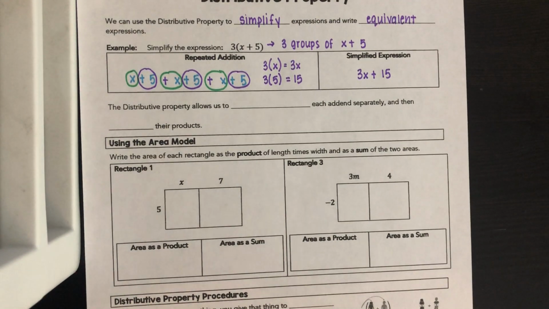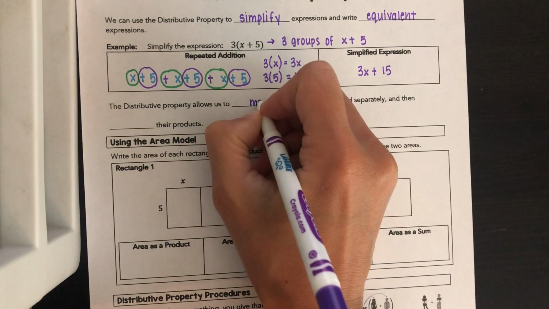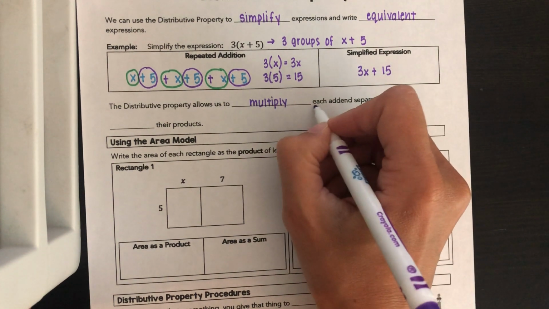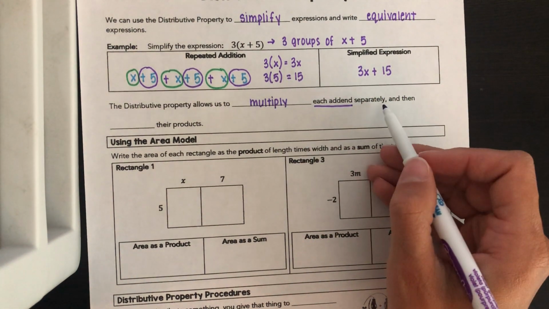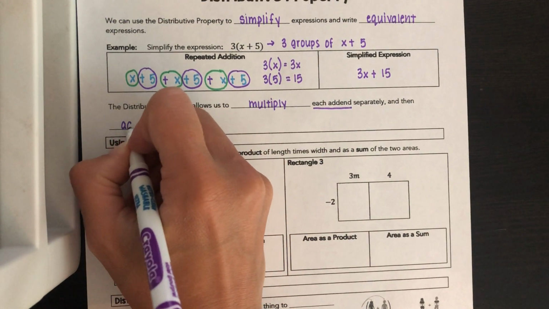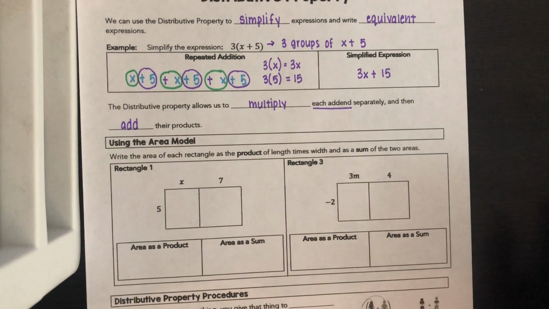While this got us to our simplified expression, this is probably not the most efficient way to simplify this kind of expression. The distributive property allows us to multiply each addend, or the number that we're adding, separately, and then add or combine their products. And of course, a product is the answer to a multiplication problem.